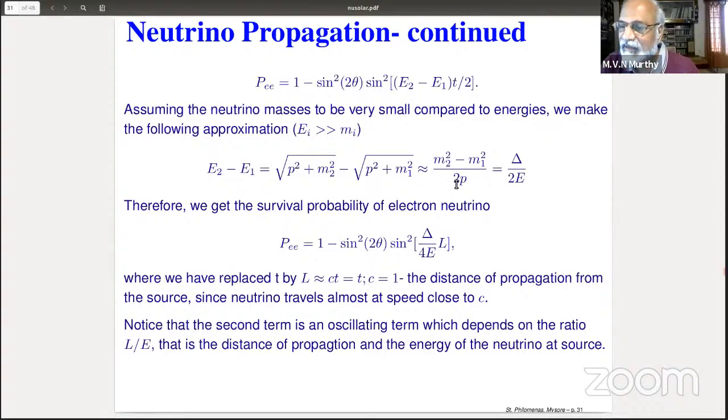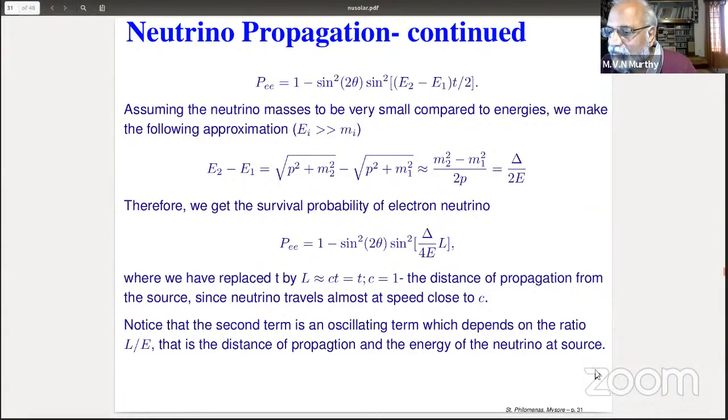That is the leading term that survives, and we write it normally as delta by 2E. My notation here is slightly different. Normally standard notation is delta m squared. Since I am doing this in LaTeX, I felt lazy to write it every time.